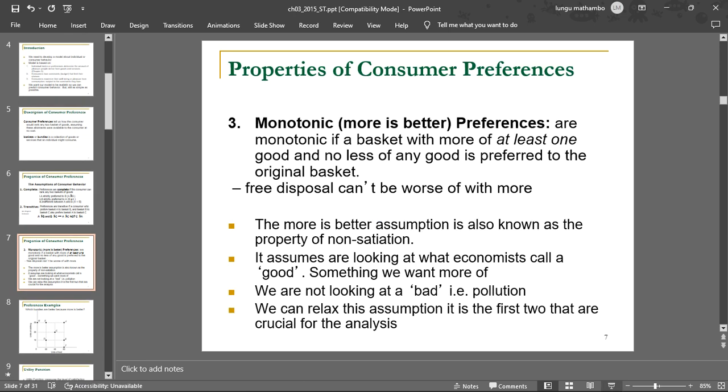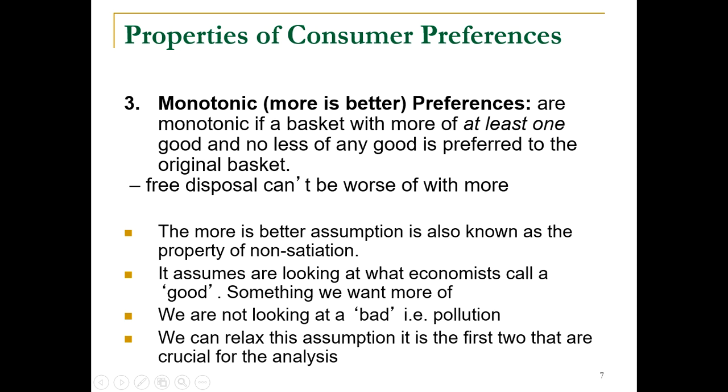Then the most obvious one is the more is better, or monotonic assumption. With the monotonic assumption, we just assume that a consumer loves more of a good. You love more of a good, I love more of a good.